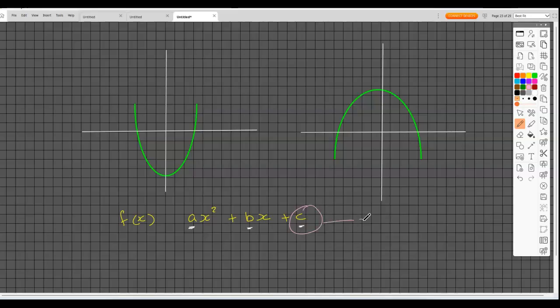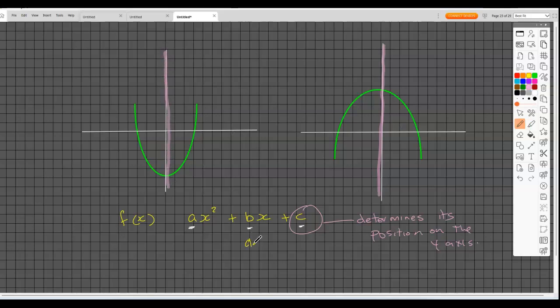C determines its position on the y-axis. That means where it moves up and down the y-axis.